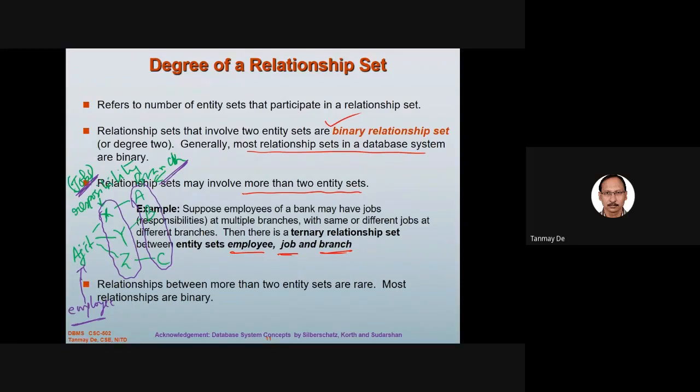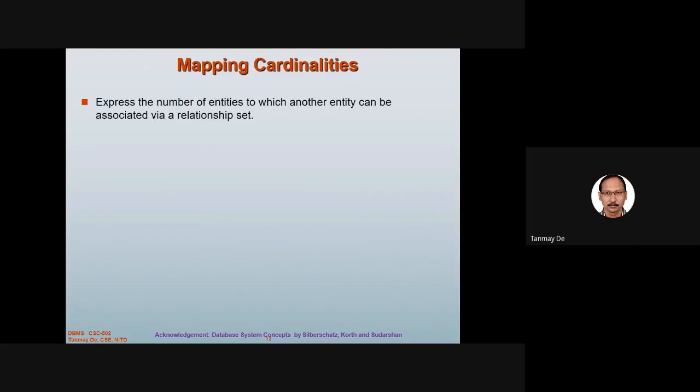One of the most important constraints is the mapping cardinality, which expresses the number of entities to which another entity can be associated via a relationship set. This is one of the important constraints which must be satisfied by the content of the database, whatever data is stored in the database.